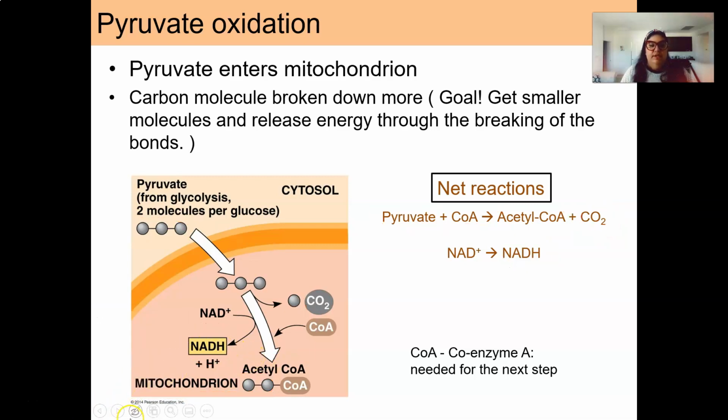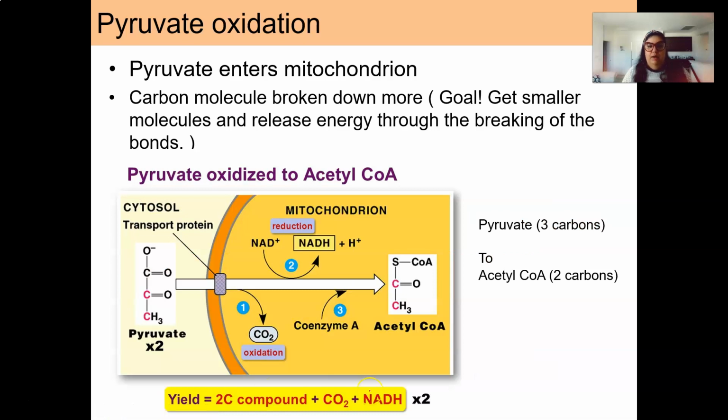So let's look at it a little bit more. Maybe it's a little clearer on this slide. We can look at it in a different way. So remember, we came from glycolysis, and we had our 3 carbon molecule, pyruvate, 1, 2, 3, and it comes in through a transport protein, gets transported in.